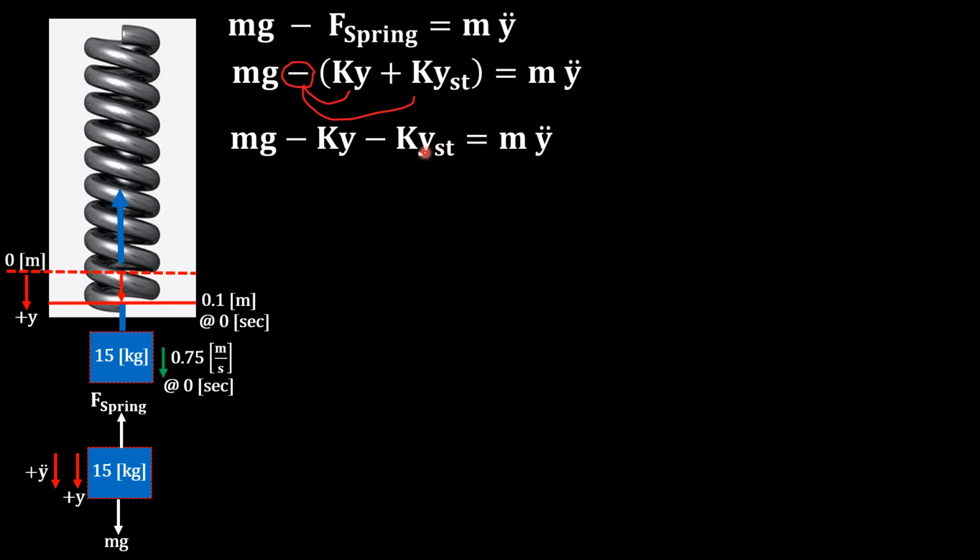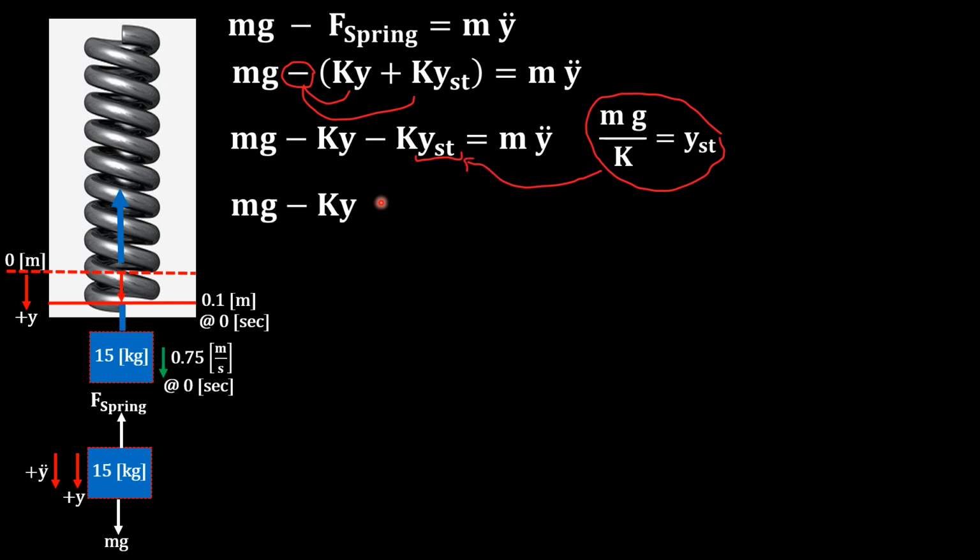We can replace the y stretch in here with the previous slide relationship, which is this one. So we said that y stretch equals mass times gravity divided by k. So we will use this relationship and plug it in here. So mass times gravity minus ky minus k times m times g over k.